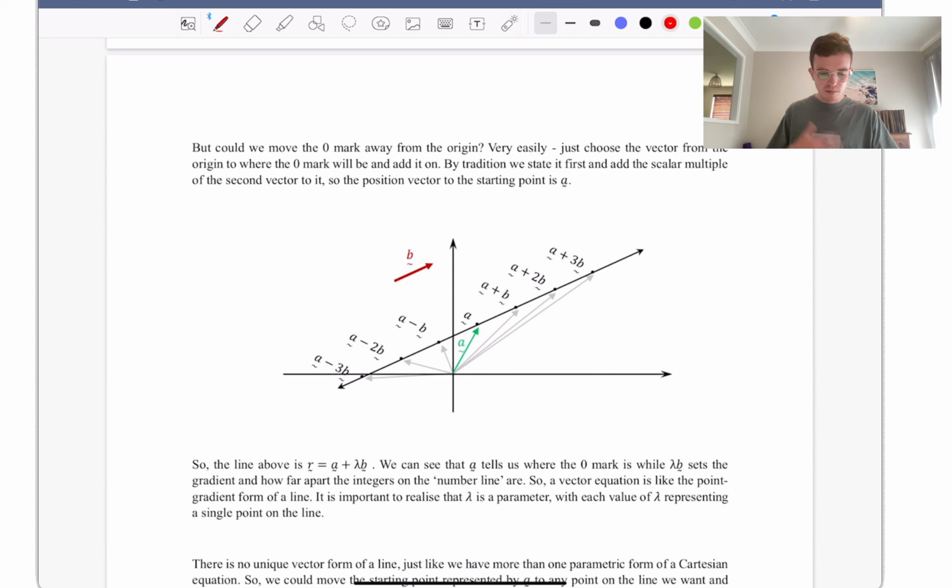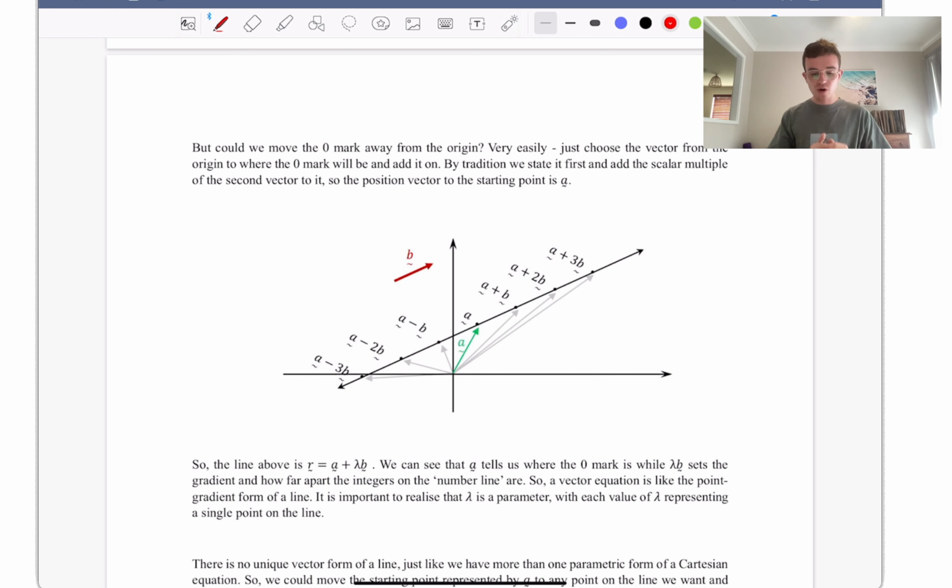But now, we could move the starting point of this line to any point from the origin. We just choose a vector from the origin and add something onto it. So by tradition we state the point first and then add the scalar multiple of the second onto it, so the starting position vector is a. So we're adding some vector onto this vector line.